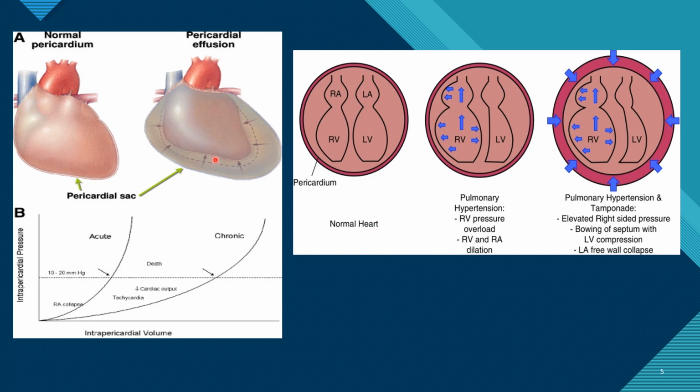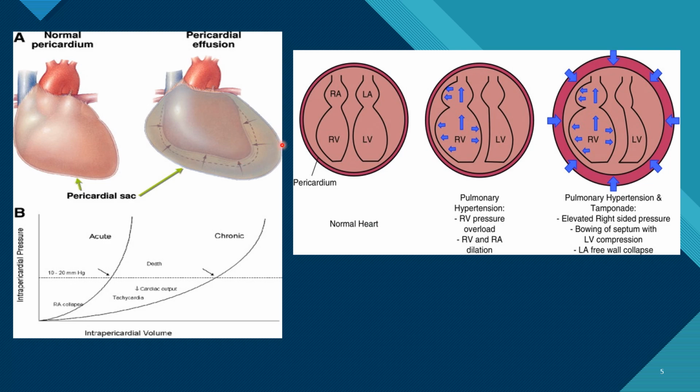We can see that here. So fluid is accumulated in excess in the pericardial cavity, which increases the intra-pericardial pressure, and that prevents the ventricular expansion.